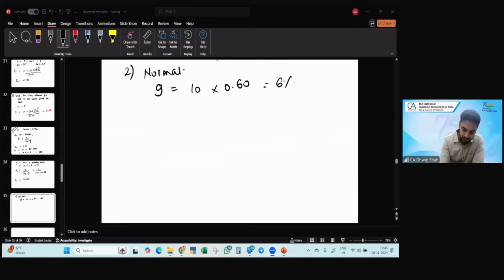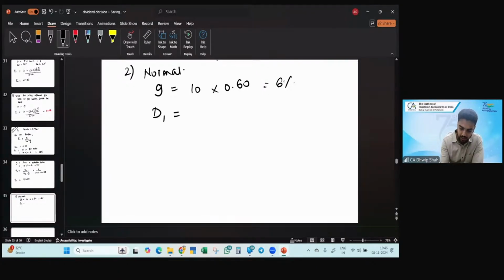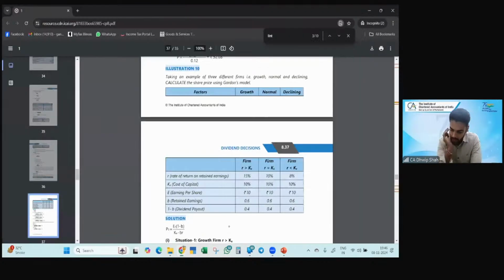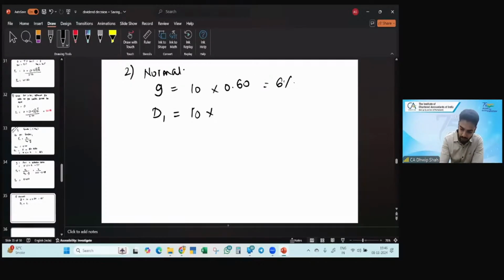Correct. And dividend in this case, earnings is how much? Earnings is 10 and payout is 40%. So dividend is 4. So P0 in this case would be 4 upon KE. KE is 0.10, G is 0.06, not 0.6.